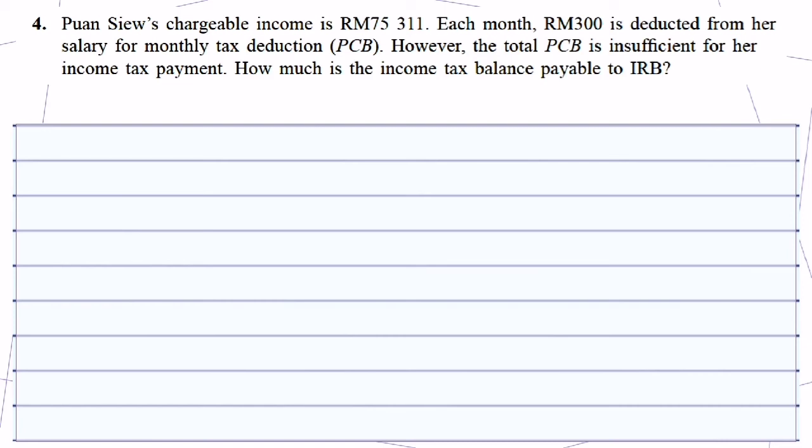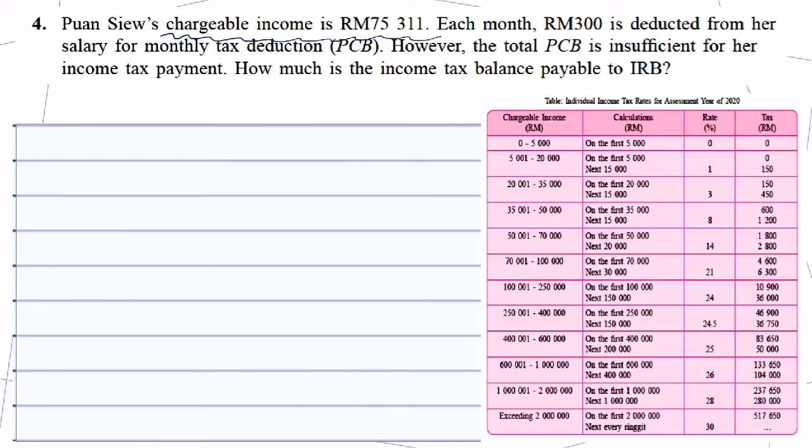So now, given chargeable income, so you straight away refer to the table. 75,311. So this part, right? Okay, on the first 70,000, the tax is 4,600. So we write first.